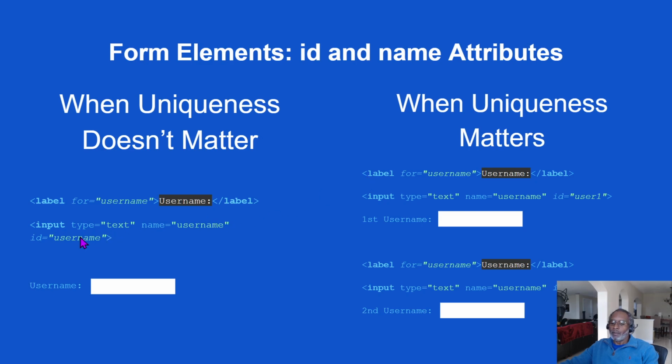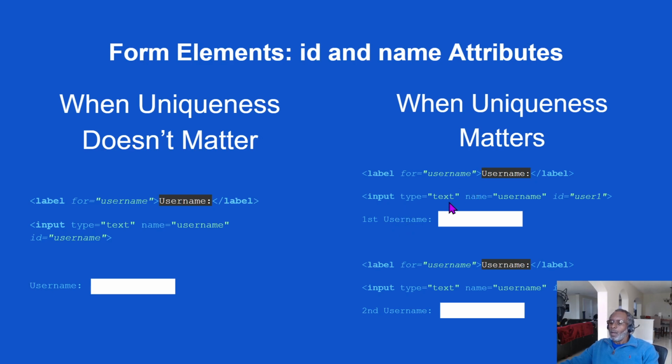So over here on the left, we have a simple username. The person enters the username field. It's named username and its ID is username. No big deal. But over here on the right, we're taking in the first username and the second username. We want to later be able to distinguish those input fields.